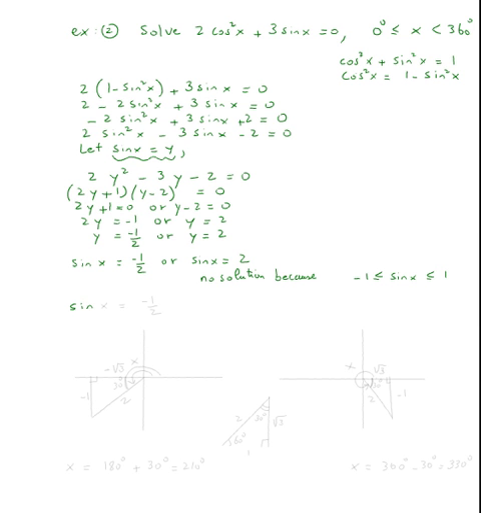Solving the other part, sine x equal negative 1/2, we need to have two cases. Sine x is equal to negative 1/2 means sine is negative, which means the angle x is in the third quadrant or the fourth quadrant. We will draw the angle x in the third quadrant.